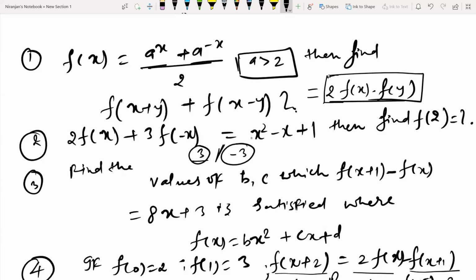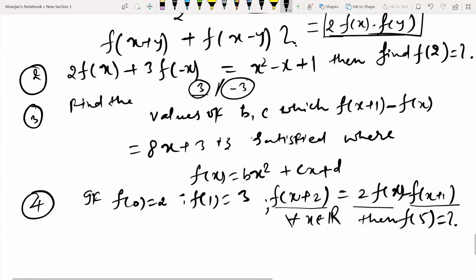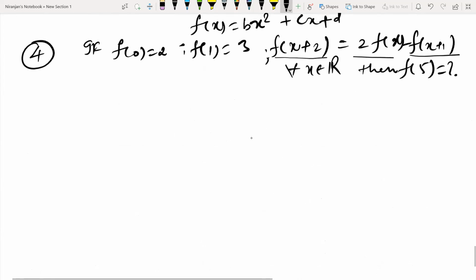Good. Shall I wait or I should move forward? I'll just solve it one by one.